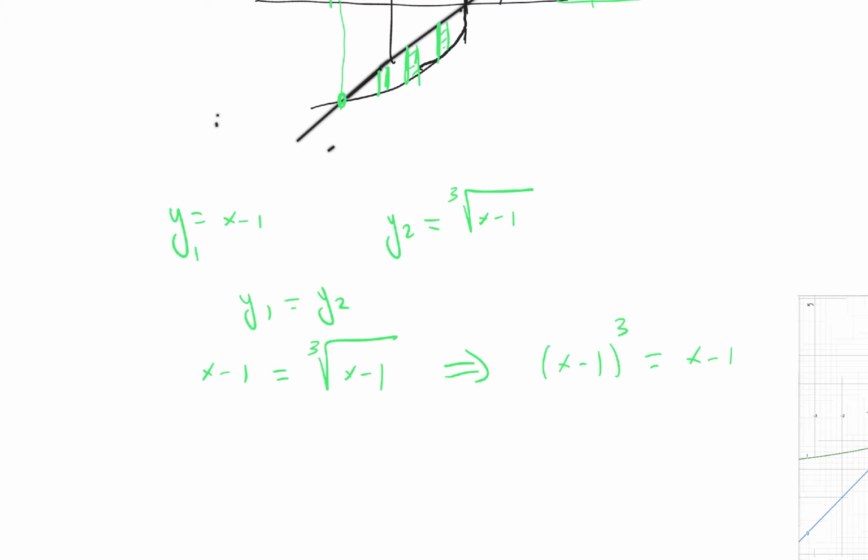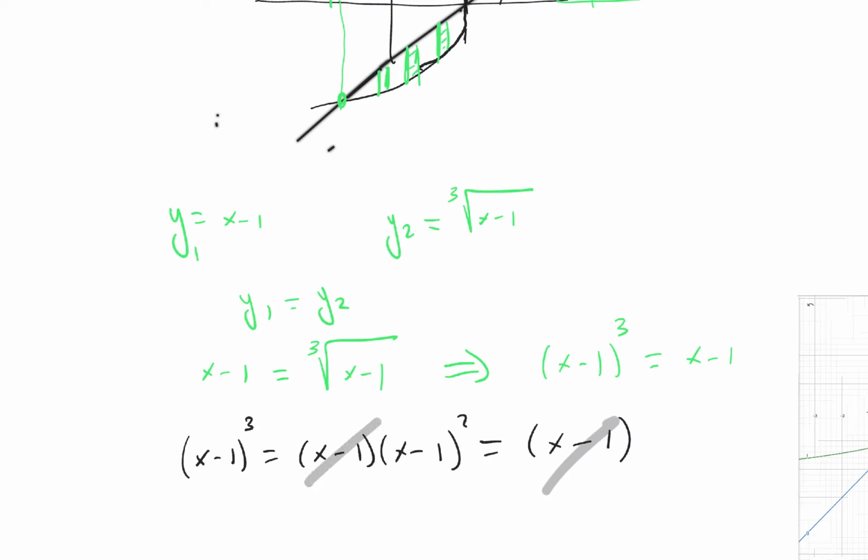Maybe I will put (x minus 1) cubed, like x minus 1 multiplied by (x minus 1) squared, and this should be equal to x minus 1. So these two functions will cancel, so (x minus 1) squared should be equal to 1.